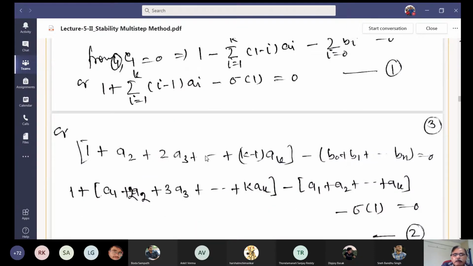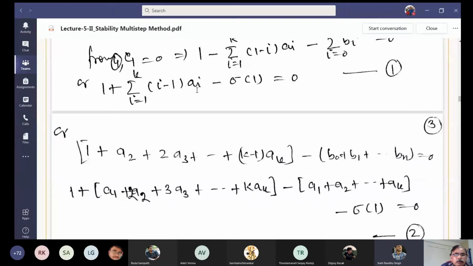I am writing this in the expanded form first. The term is (1 minus i) ai.